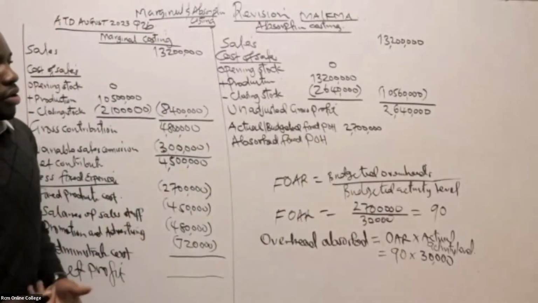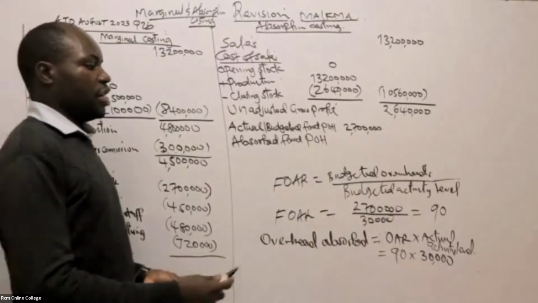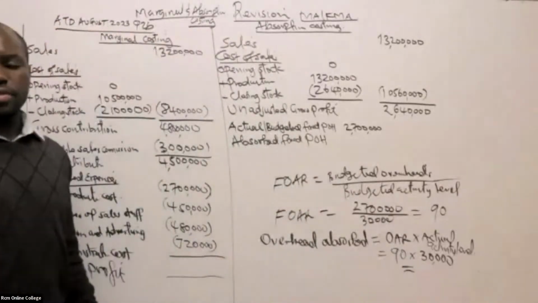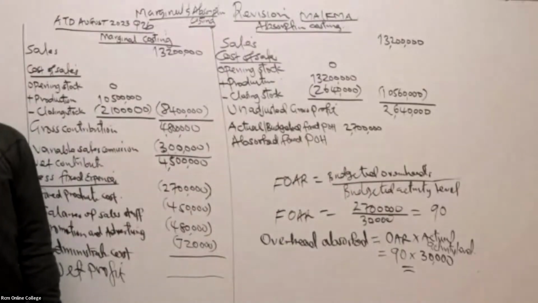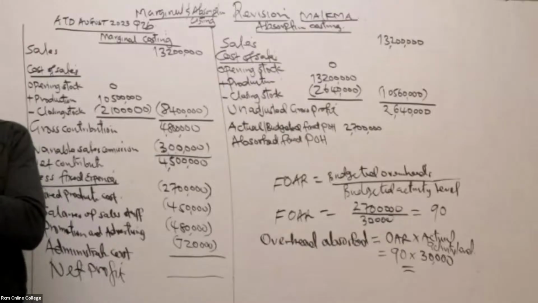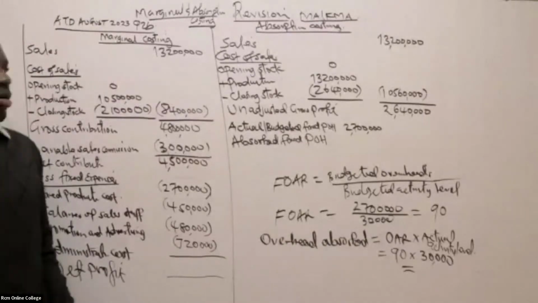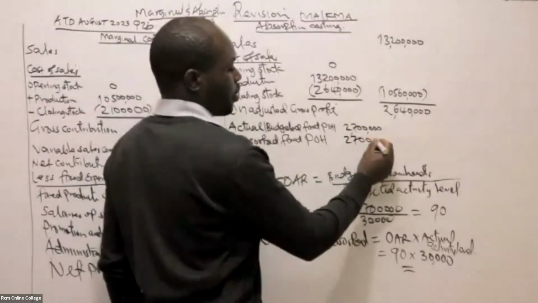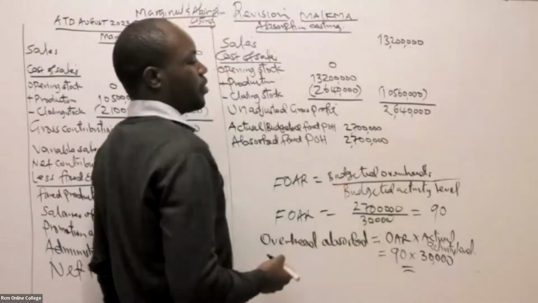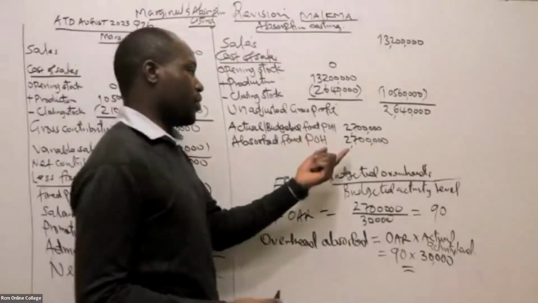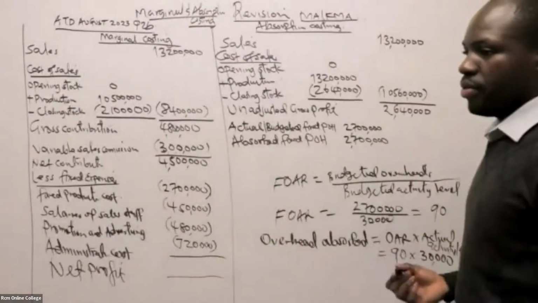Good. So having done that, what are we getting when you multiply? We are getting 2,700,000. Good. Now, the 2,700,000, come and compare.